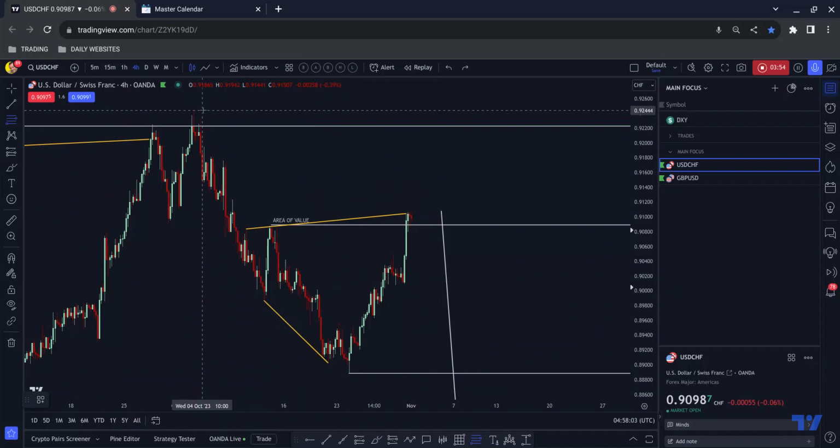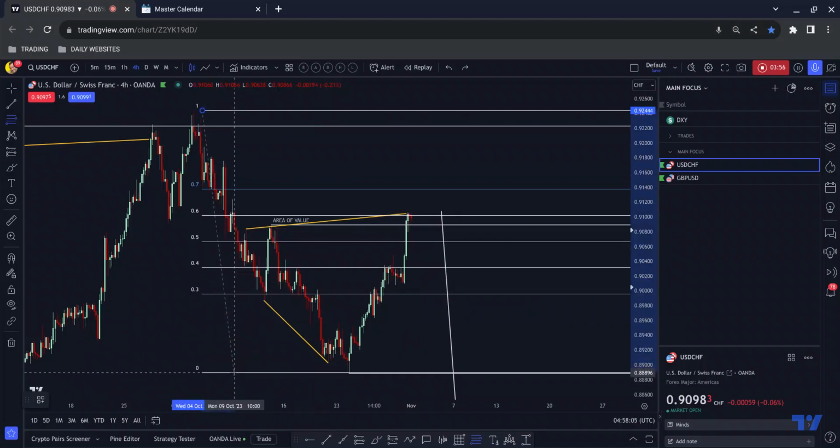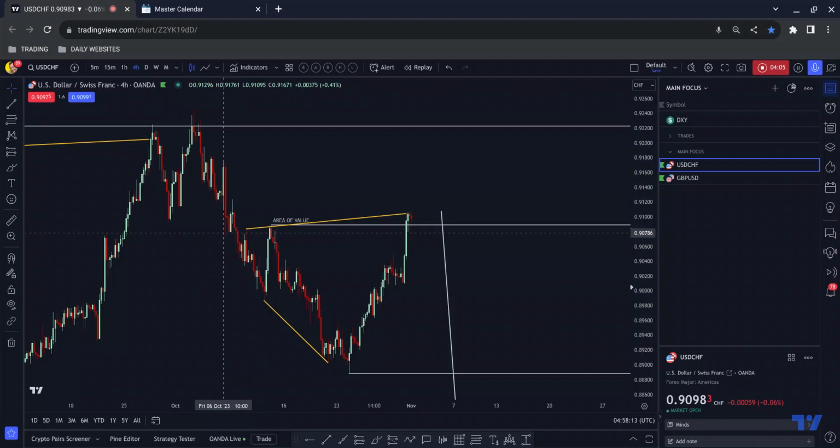If we just measure this with the Fibonacci tool, we have pulled back now just about 60% of this move down. Now what I have noticed, typically speaking, our line in the sand is 50%, within the 50% region. However, what I have personally observed in the 4.5 years that I've been trading is that more corrective pairs, such as Swiss pairs, tend to pull back up to about 60% of the move.